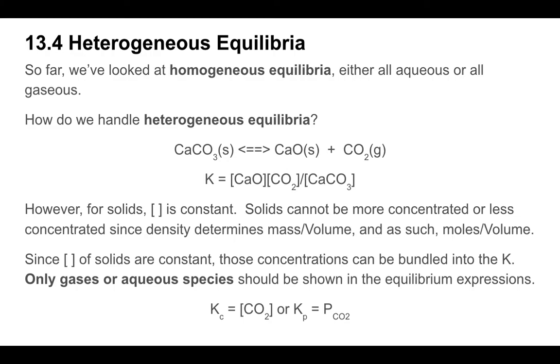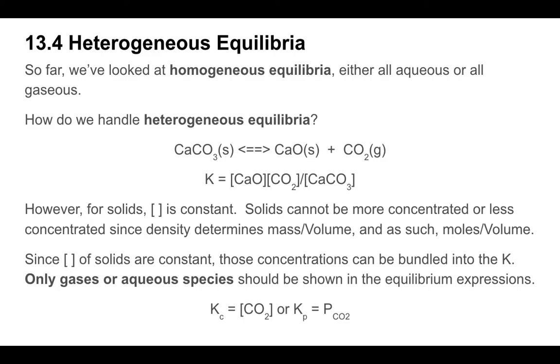We make our math a little easier by not plugging in the moles per liter for the solids. We simply say that's going to be part of the K expression. So the important thing to realize here is that the equilibrium expression only includes gases or aqueous species, never solids or liquids, since solids and liquids have constant moles per liter.